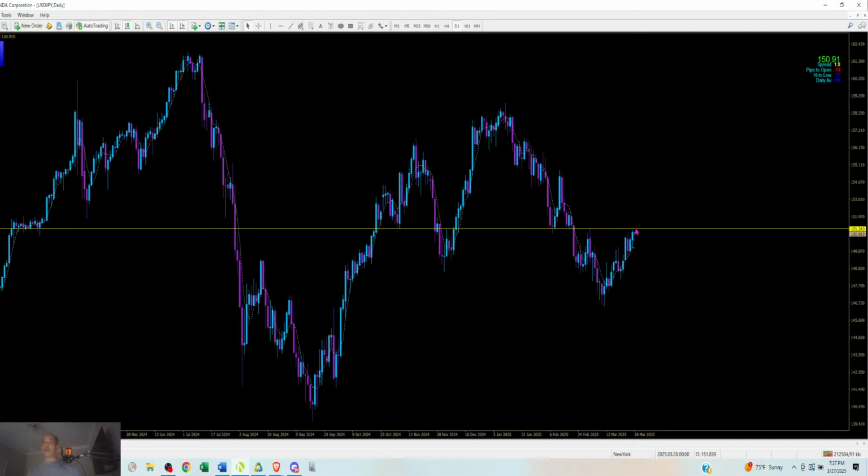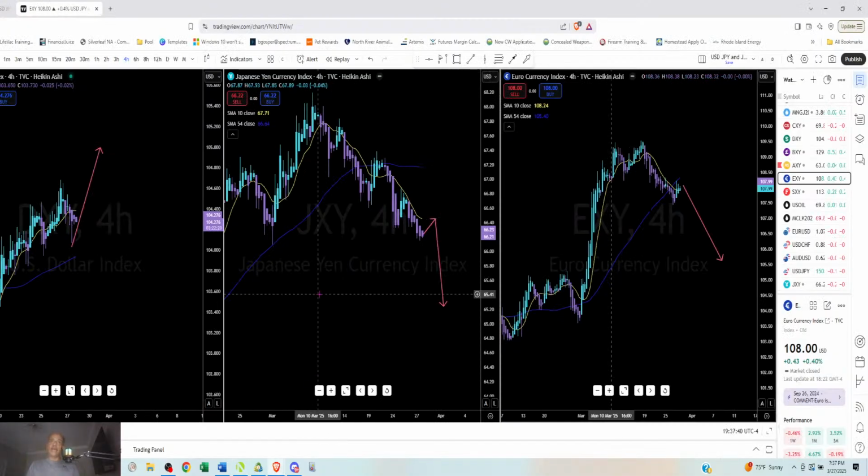But I think we would have to clear this area first, take out this zone right here, get a nice break above here, and then potentially we could start moving higher and reaching for some other liquidity like up here, and then of course probably further back up towards these levels if we get through here. So, one thing at a time, we have to make sure that we're trading in the right direction. And so that is what it looks like.